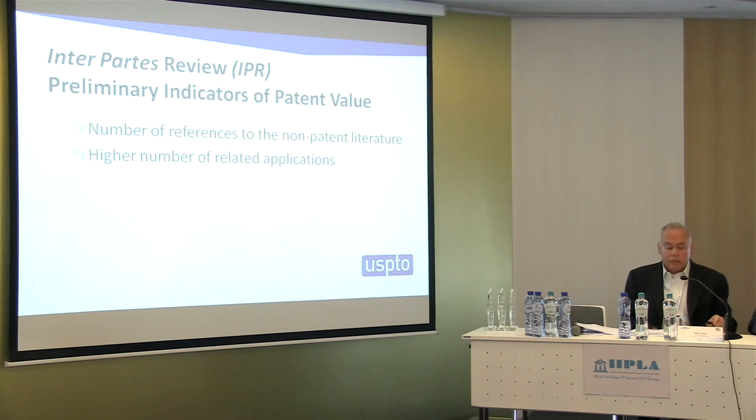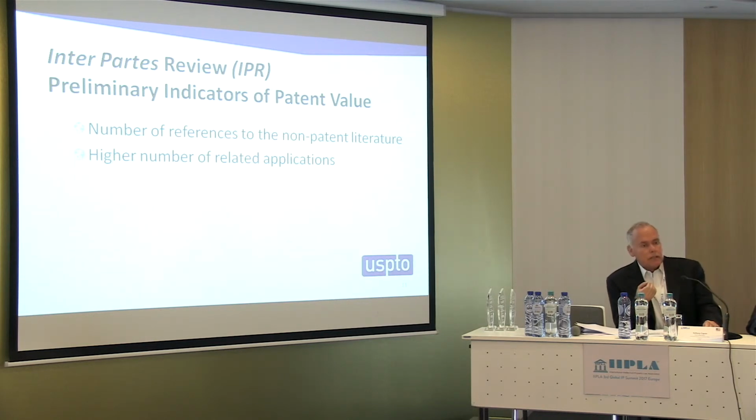So what we did is we started looking at inter partes reviews. This is in Europe, it would be similar to an opposition. So we looked at some of the characteristics that other investigators have found with patent value to see, do we find those similarities within the IPR cases? And we found two things, and this is just preliminary because we just started a couple months ago.